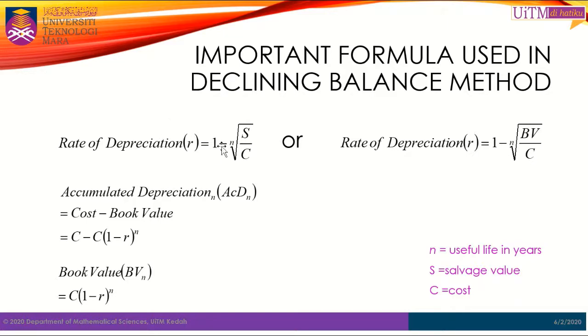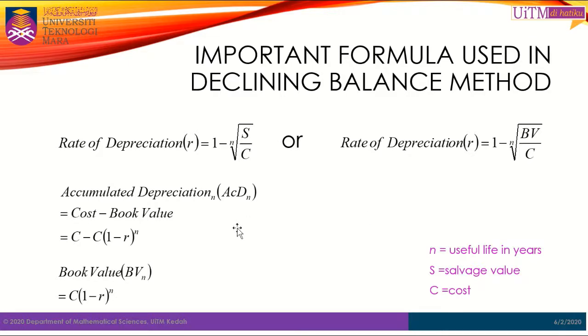When you use 1 minus the nth root of S divided by C, with the scrap value as your input, the value of n here is the useful life. But if you are using BV, the book value, as your input, the value of n here refers to the n in the book value. If you're using the book value for the third year, that means n here will be 3, not the useful life. That is what you need to be very careful about.